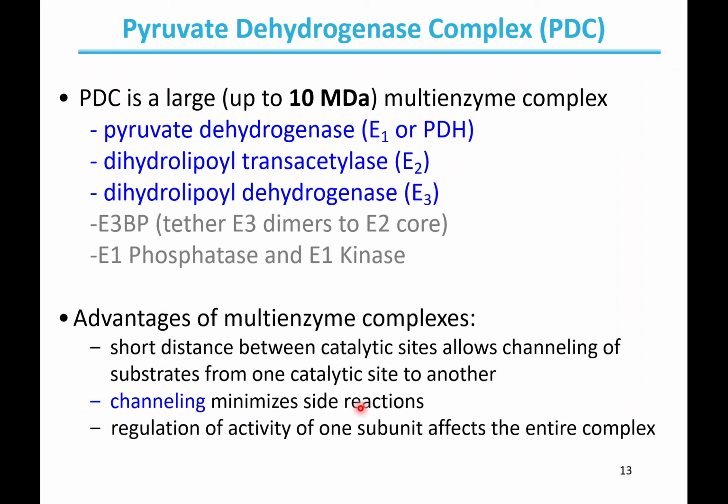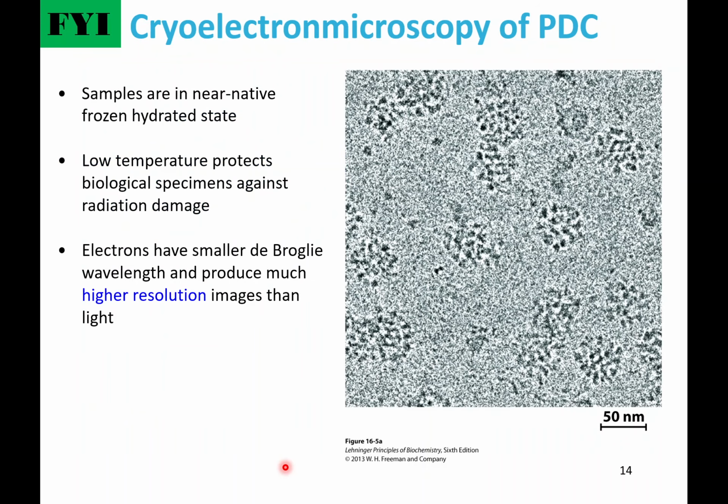If these are very far apart and the substrates have to come off of one enzyme and find the other enzyme, the potential for side reactions would increase greatly. And then finally, the regulation of one subunit can affect the entire complex, which we'll see is utilized in the PDC. Just a picture of what this looks like.